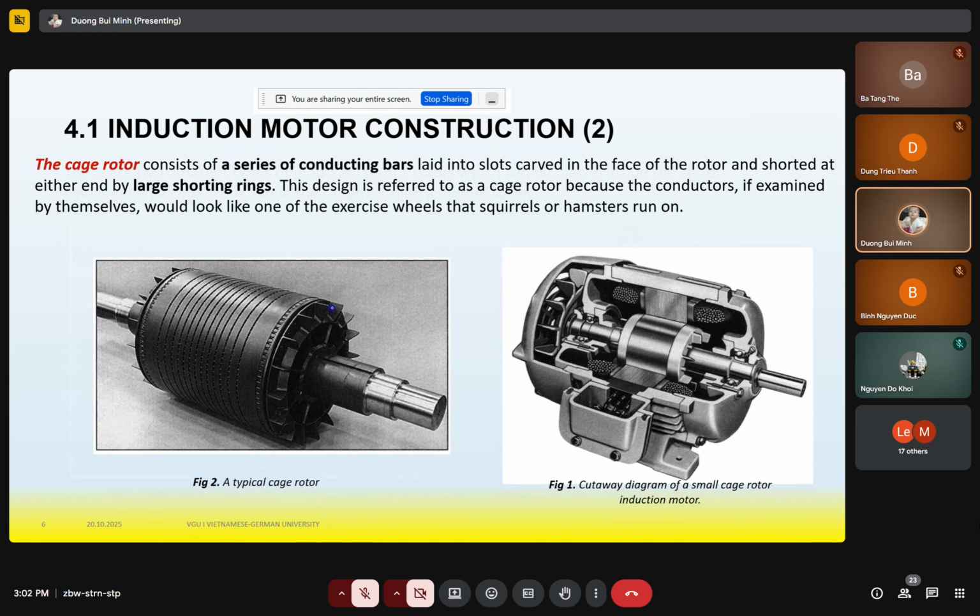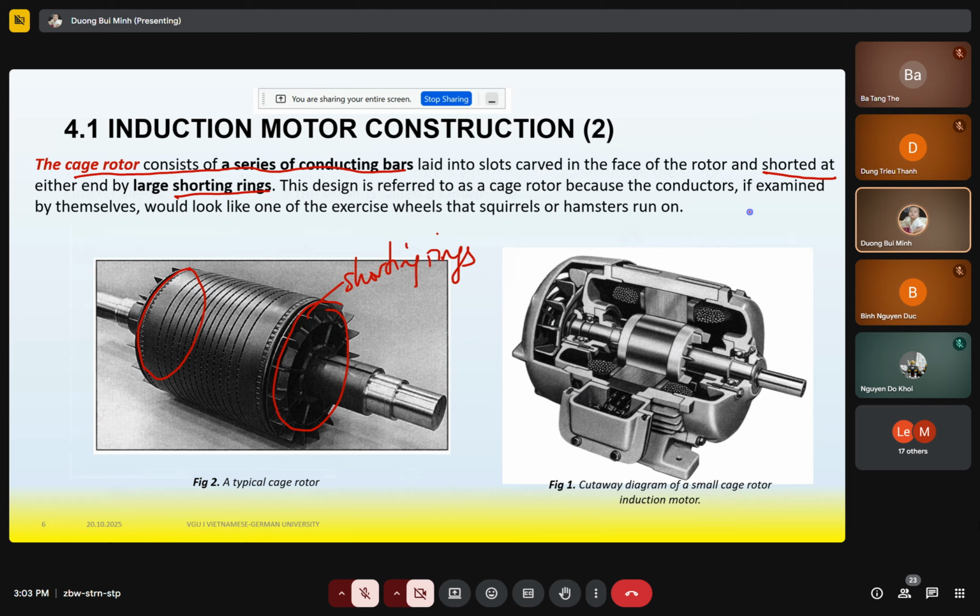In these cage rotors we have two shorting rings, the first one and the second one, and we have rotor bars. The cage rotor consists of a series of conducting bars laid into slots in the face of the rotor, shorted at either end by shorting rings.